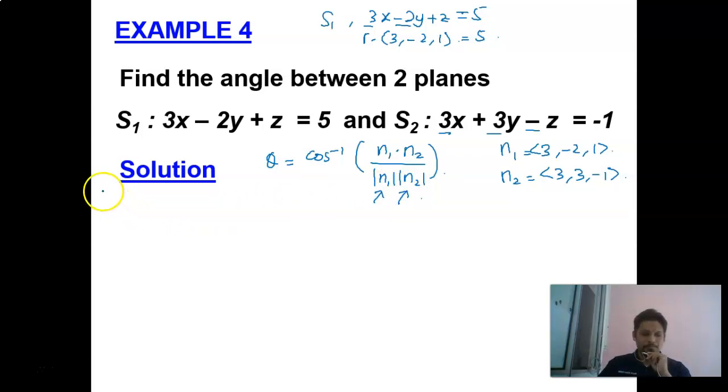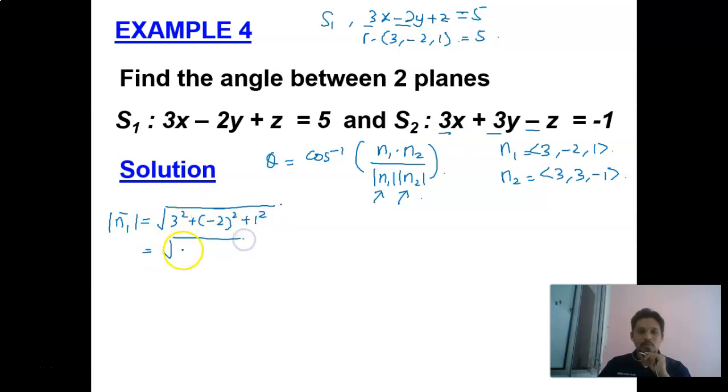So then the modulus of n1 equals the square root of 3 squared plus negative 2 squared plus 1 squared. 3 squared is 9, negative 2 squared is 4, plus 1 squared is 1.